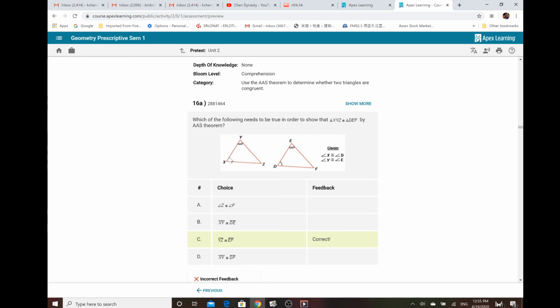One thing we notice is angle X is congruent to angle D, angle Y is congruent to angle E. So in order to use AAS, we need to show the excluded segments, so segment XZ or segment YZ is congruent to the corresponding segment. The one we have for the selection is segment YZ is congruent to segment EF.